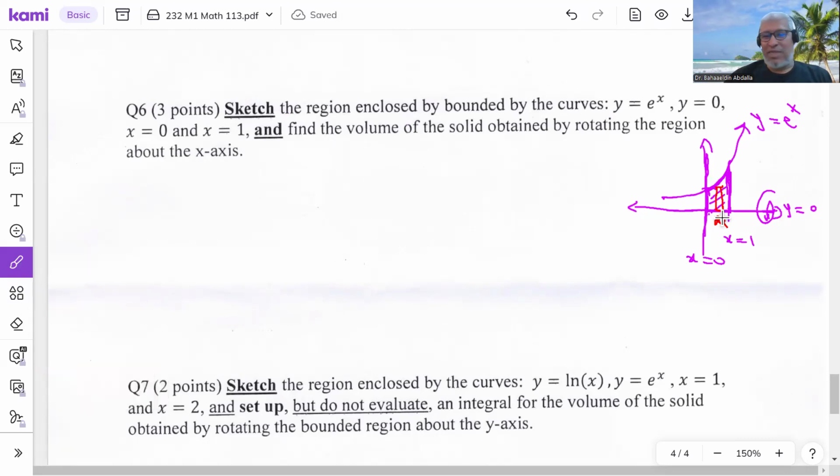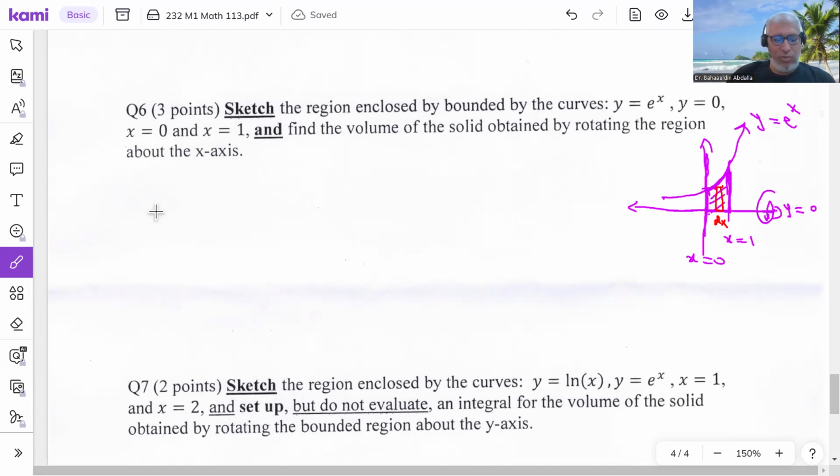And when you rotate this rectangle about the x-axis, what would you get? You will get a disk. If the rectangle is perpendicular to the axis of rotation, you have a disk or washer. But here we will have a disk because there is no space between the rectangle and the axis of rotation.